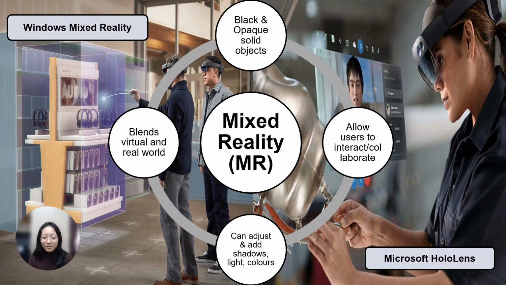It allows users to adjust and add shadows, light, and colors to the objects. And 4. It offers immersive learning and training environments which blend virtual elements into the real world, such as a type of Windows mixed reality, which is Microsoft HoloLens, that is used in industrial training or design, but sadly it is discontinued. That's all from me. Thank you.